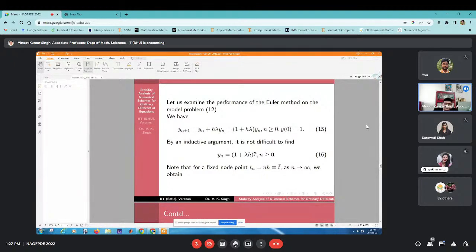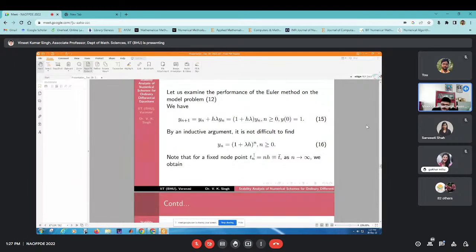We are predicting that Yn should tend to 0 when the number of node points is very high. We are expecting that the proposed numerical solution should behave like the closed form solution.